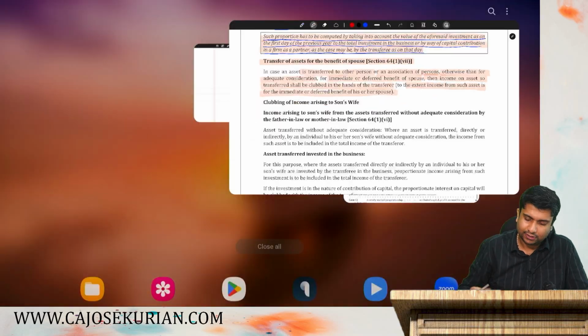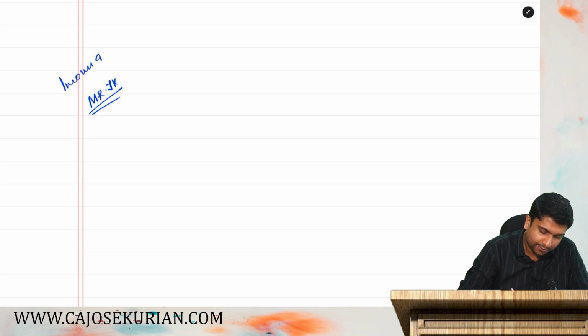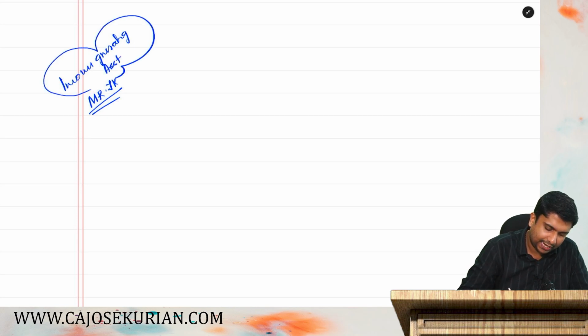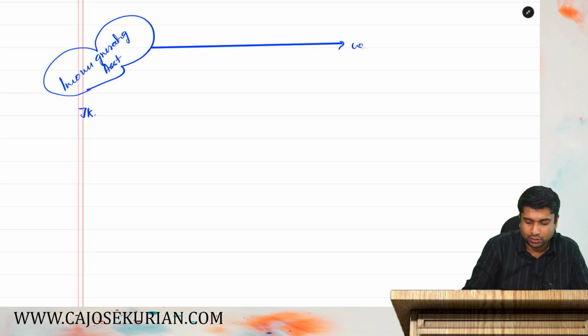What do you mean by that? Say for example, Mr. JK is there and I have an income generating asset. If I transfer this asset directly to my wife, then you tell me what will happen. Definitely clubbing provisions will get attracted.